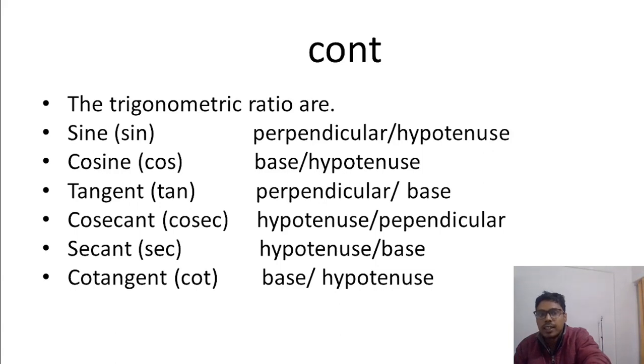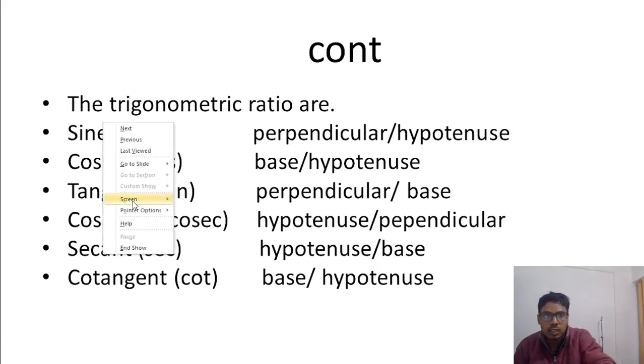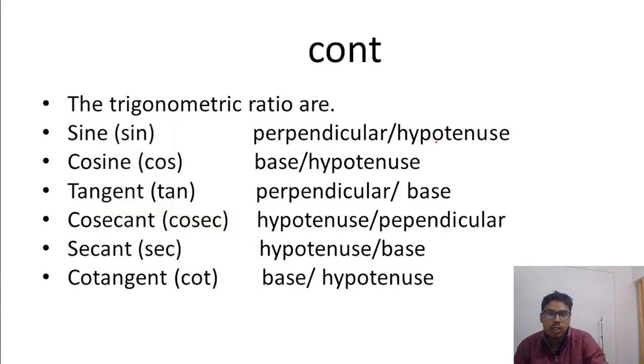The trigonometric ratio establishes the relationship between the sides and angles of the right angle triangle. The first ratio is named sine. Sine is the ratio of perpendicular to the hypotenuse of the right angle triangle.